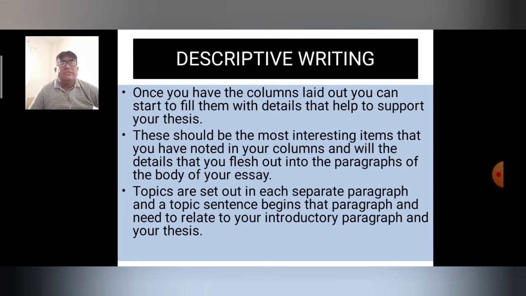So we have to use some of these interesting items in our writing, and the statements which are not useful in this essay, we have to discard them. The topics are set out in each separate paragraph, and the topic sentence begins that paragraph and needs to relate to our introductory paragraph and our thesis.